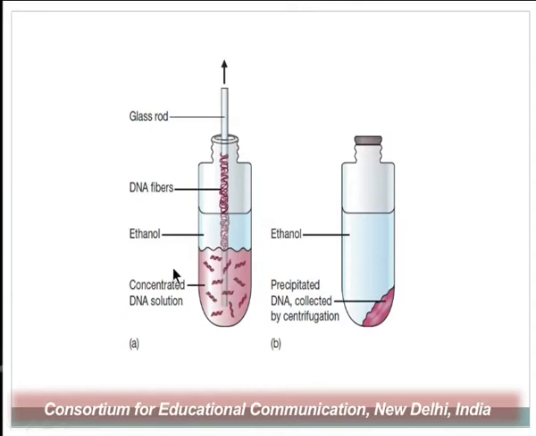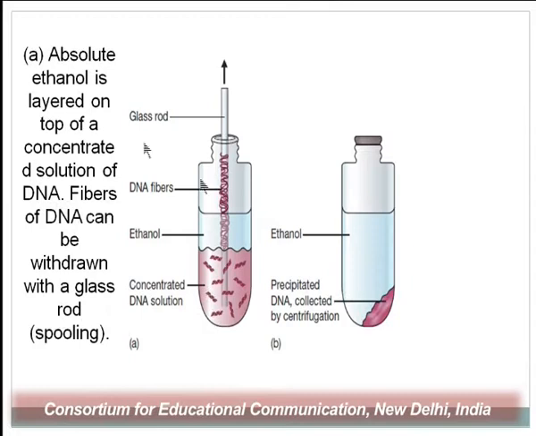This is called the spooling method. You can just swirl the glass rod inside this solution, and all the DNA will come onto the glass rod, which you can take out and suspend in a smaller amount of solution to make a concentrated DNA solution. So absolute ethanol is layered on top and the DNA is spooled out using a glass rod.